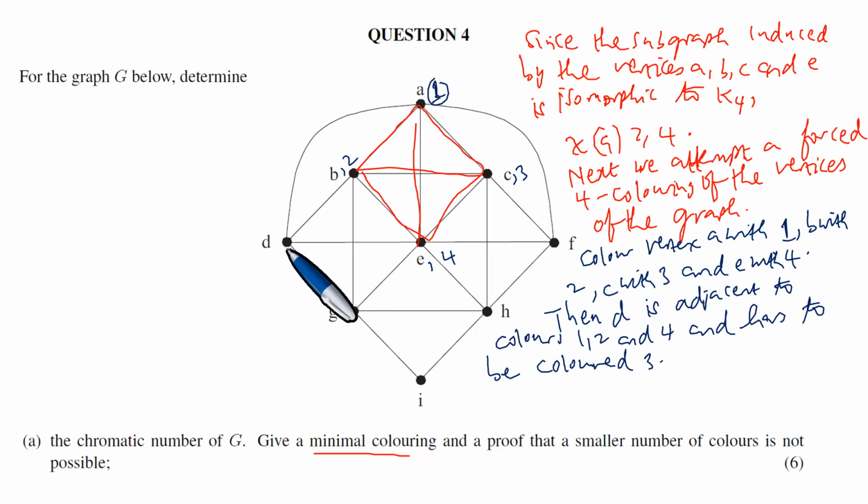Here is D, adjacent to color 1, adjacent to 2, adjacent to 4. And it has to be colored 3, so it can only be 3.